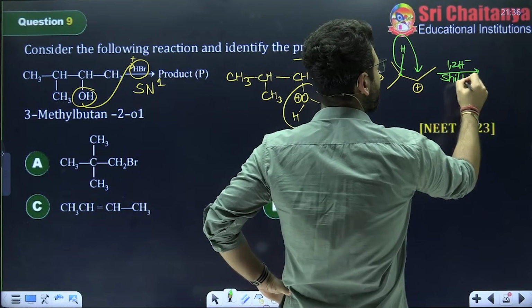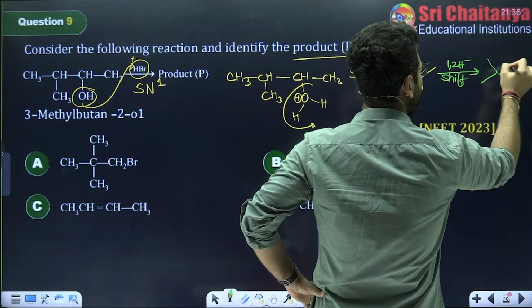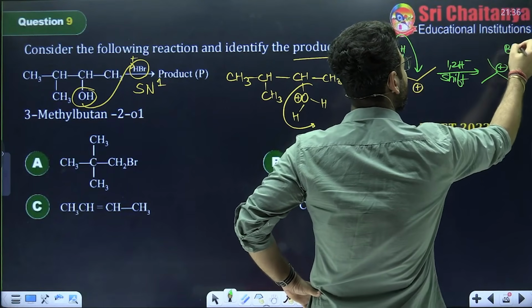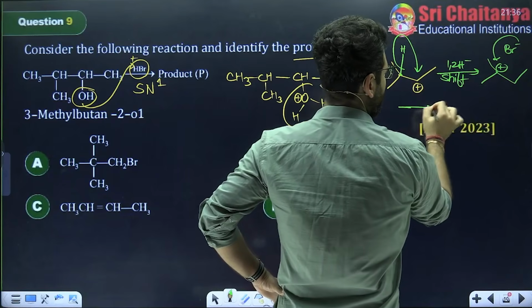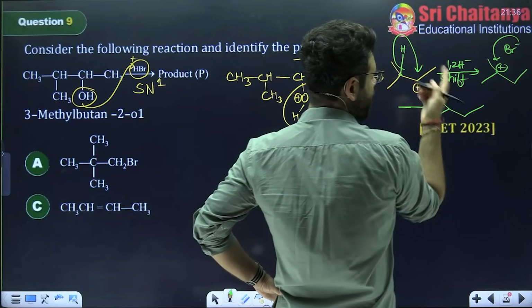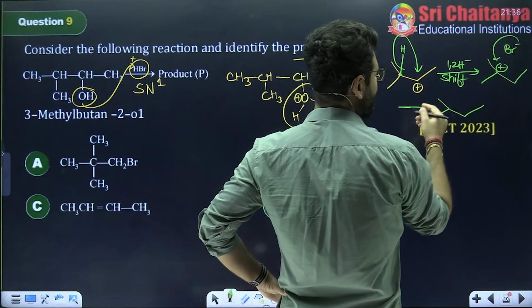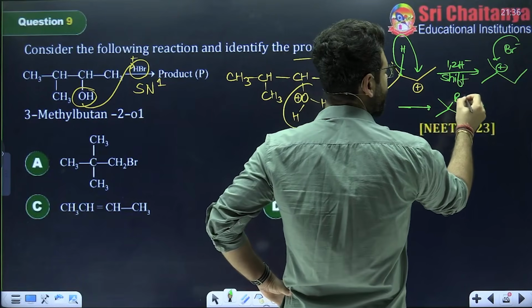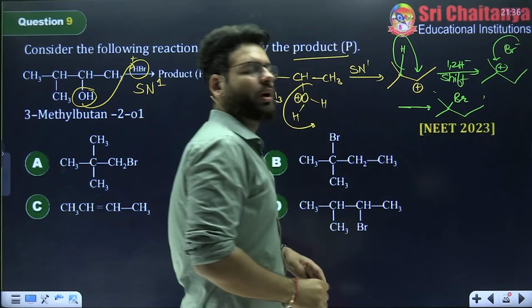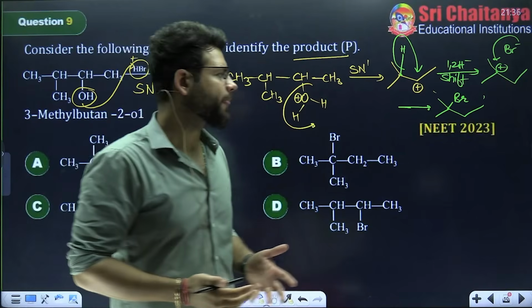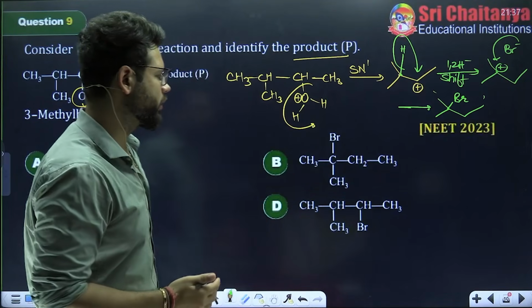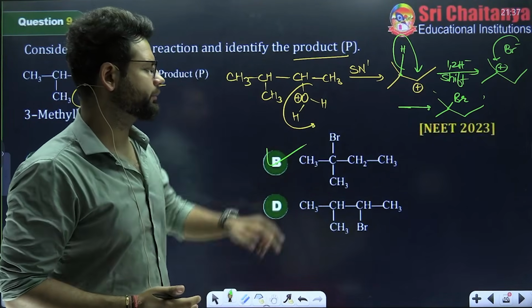The carbocation becomes stable, which is a tertiary one. Now the Br minus will come and attach as a nucleophile. Since there is no chiral carbon here, if it was a chiral carbon finally, I would get a racemic mixture. In SN1, a racemic mixture is formed. But in this case, there is no possibility of any racemic mixture. So we get our product to be this one, which is B.